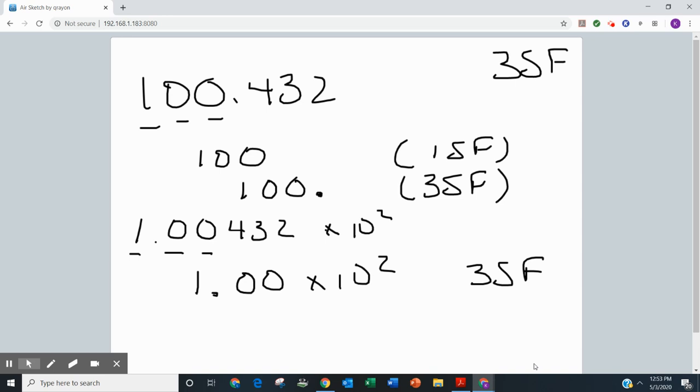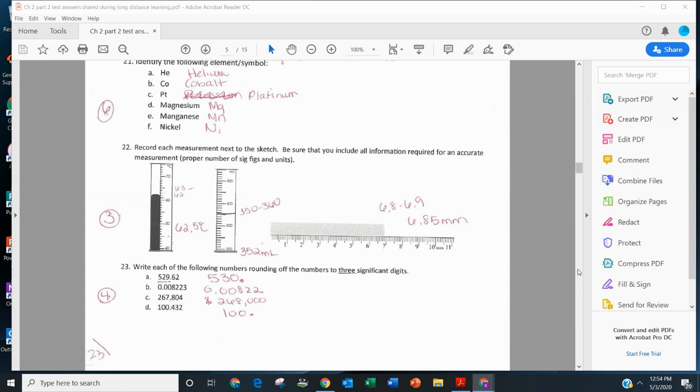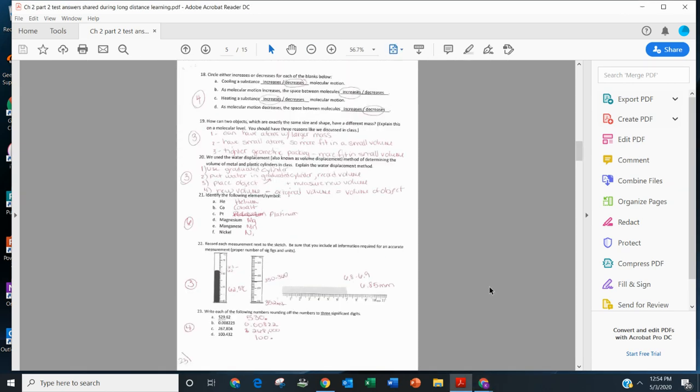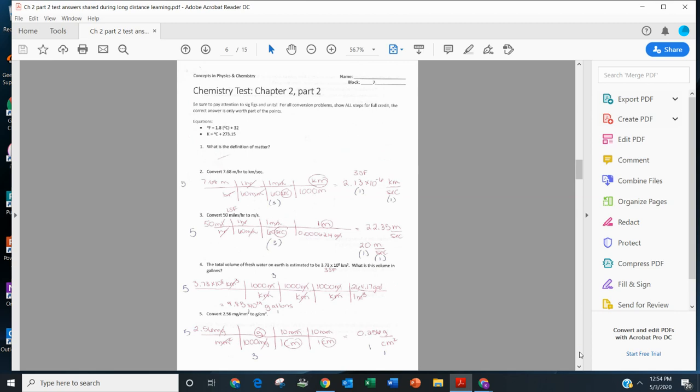All right, so even if you're in Block 6, don't stop watching right now. I'm going to go ahead and show the rest of the test, but there's a couple of other ones in here that I think will be helpful to you, because I want to do this rounding again for 1 or 2 in the other class. So Block 7, here are the answers for your page with the unit conversions.